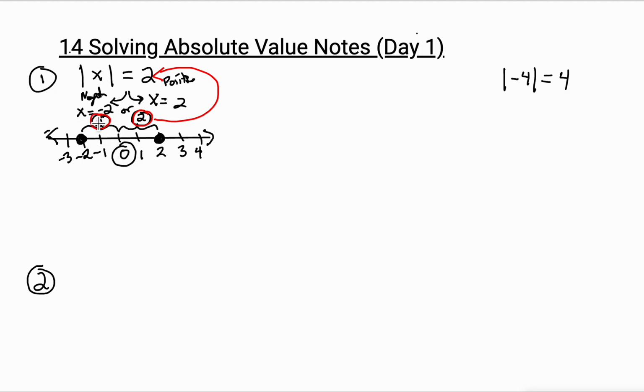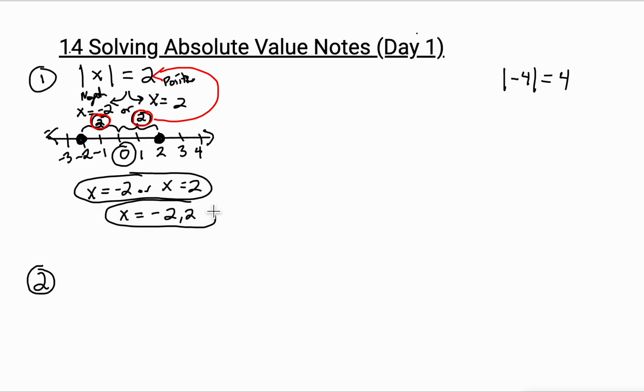There are a couple different ways we could write it. We could write the answer as x equals -2 or x equals 2. Another way is x equals -2 or 2 with a comma in between. Or the more sophisticated algebra way is x equals plus or minus 2.